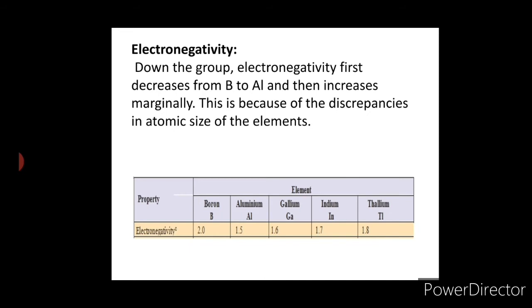First electronegativity decreases from boron to aluminium, and then increases marginally. The value of electronegativity for boron is 2, for aluminium 1.5, that is, it decreases. Then again for the next element gallium it is 1.6, then 1.7 for indium, and 1.8 for thallium.